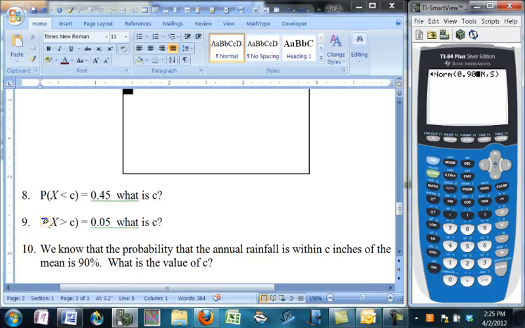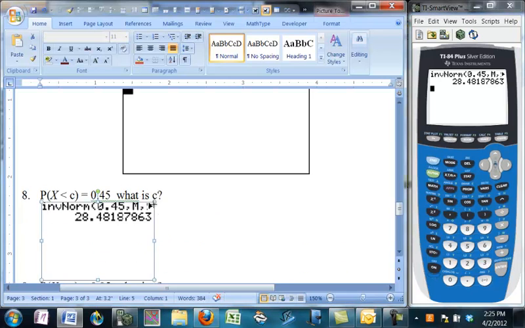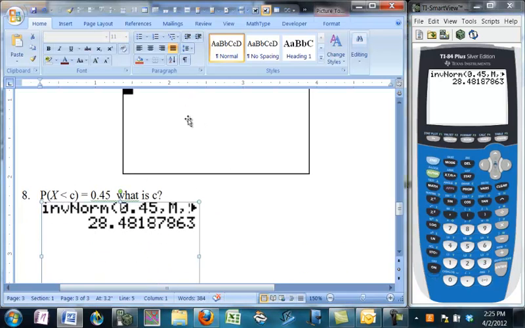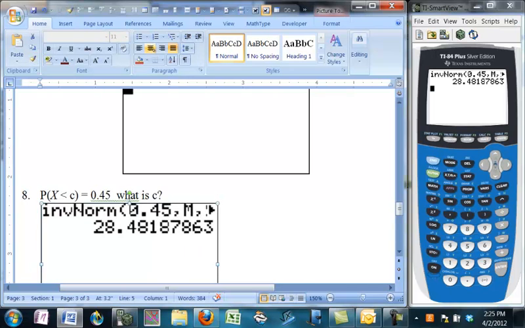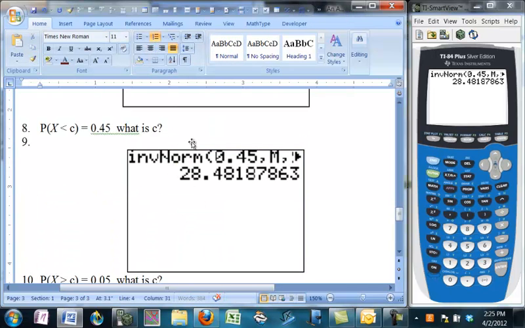So we put 0.45 there, and that will give us the value that we want. Here we know that c equals 28.48 roughly.